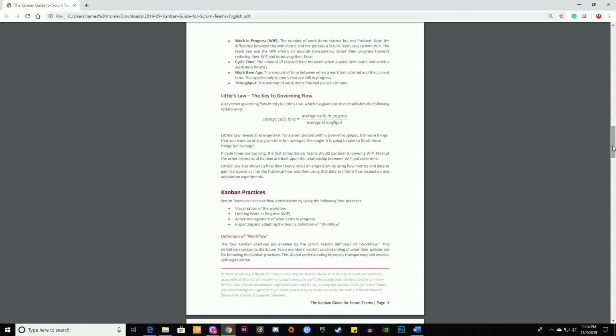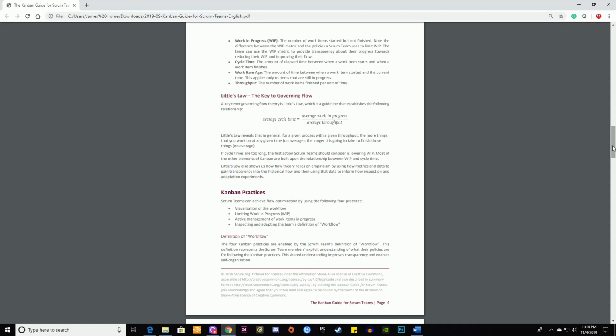Cycle time: the amount of elapsed time between when a work item starts and when a work item finishes. Work item age: the amount of time between when a work item started and the current time. This applies only to items that are still in progress. Throughput: the number of work items finished per unit of time.